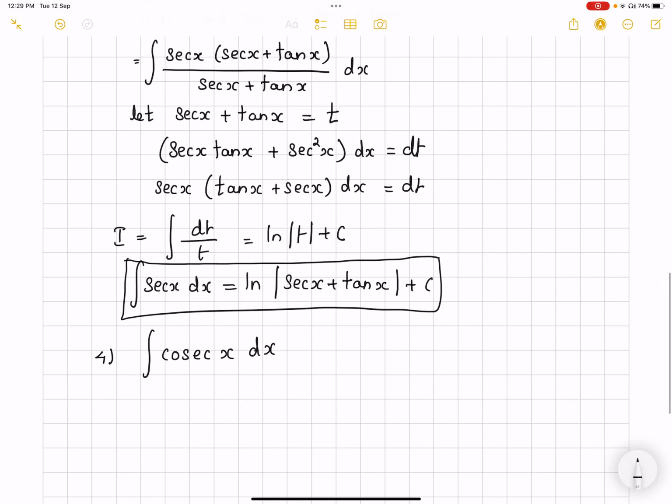In a similar way as I took the help here of secant x plus tan x, I would be taking the help here of cosecant x plus cot x.